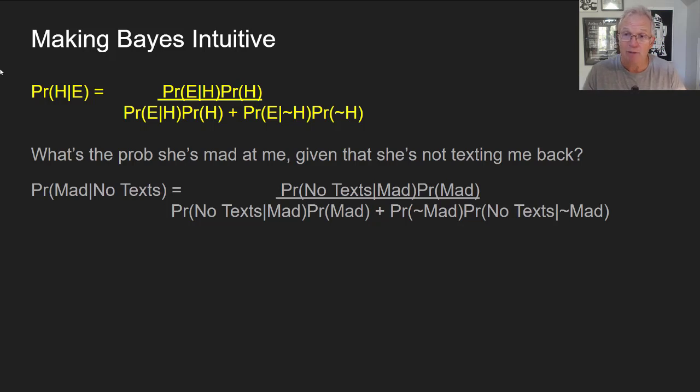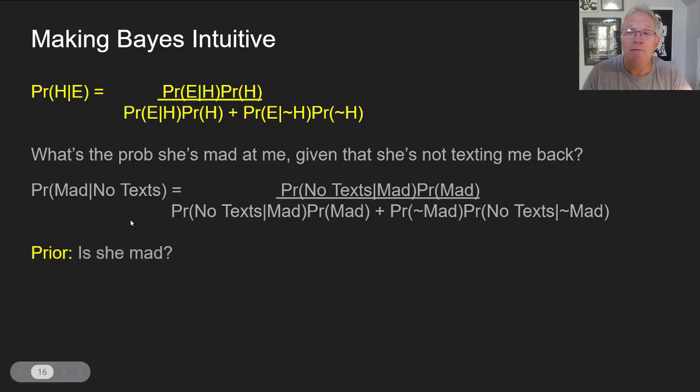So I wonder to myself, what's the probability she's mad given that there are no texts? And when that's the hypothesis that she's mad, and the evidence or the observation is that there's an absence of texts, then when you plug in those English terms or those ideas as concepts into this equation for Bayes, we get this equation, this ratio.